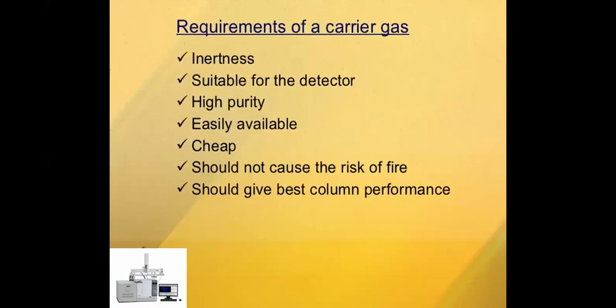That is inertness, suitable for the detector system so that it gets detected very easily, high purity, easy availability, cheap, should not cause the risk of fire or any hazard, and should give the best column performance.